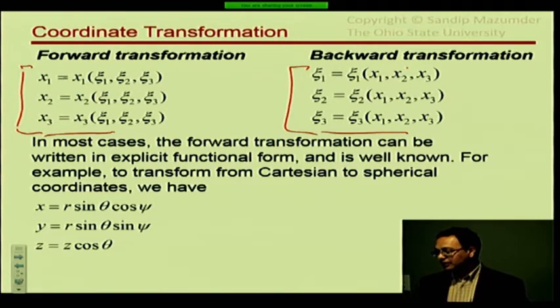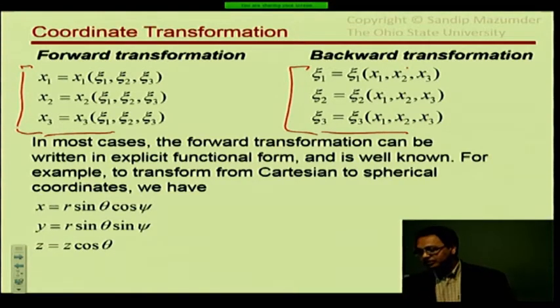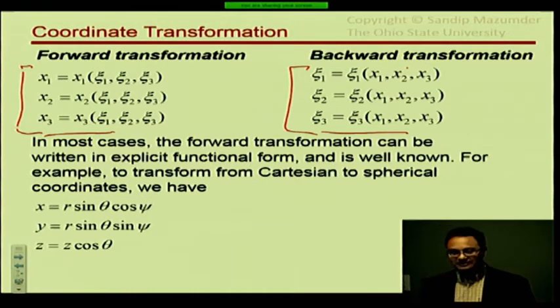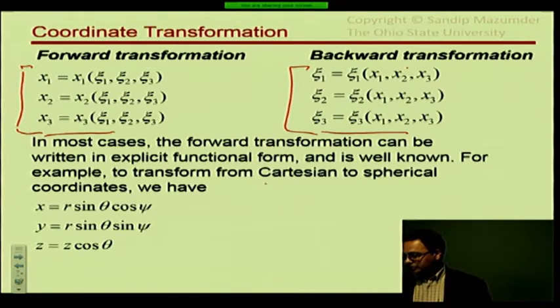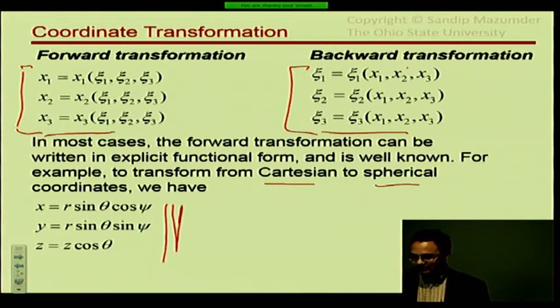In most cases, the forward transformation can be written in explicit form, and this is a very important realization. For example, if we were to transform from Cartesian to spherical coordinates, here are our formulas. We know that. But now think about expressing theta or psi in terms of x, y, z. You can't do that. It's an implicit relationship. This here is an explicit relationship.